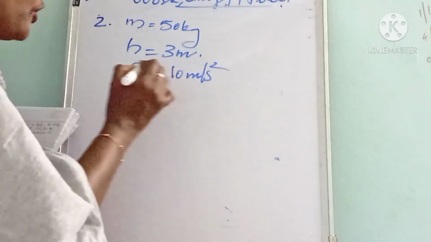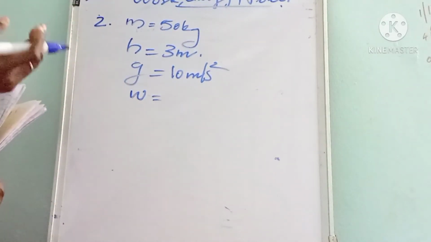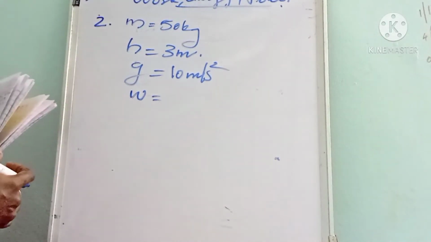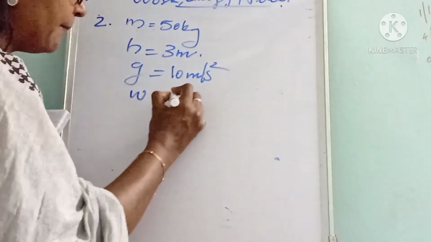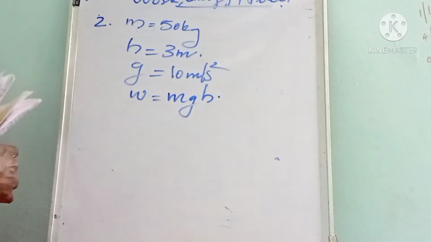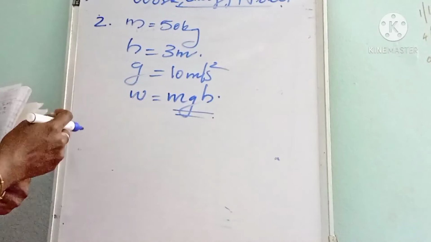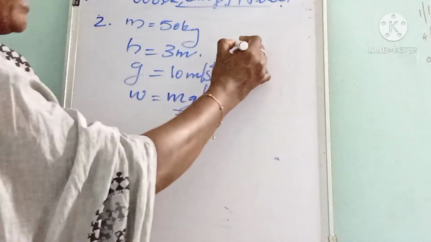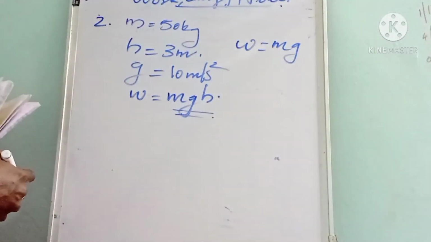In order to lift any object upward, we have to do work against the gravity. That work done is mgh. What is mg? It is weight. The equation for weight W is equal to mg.